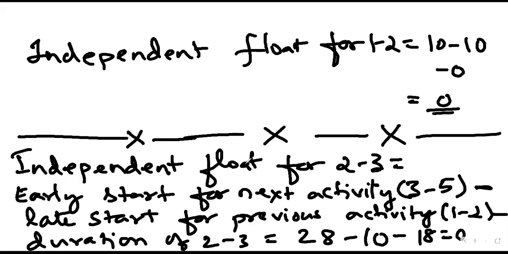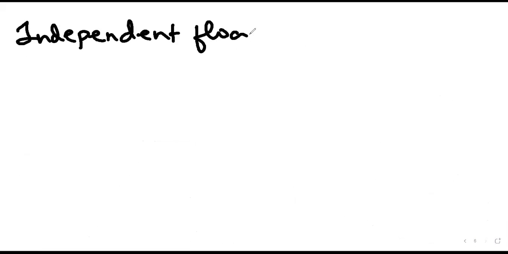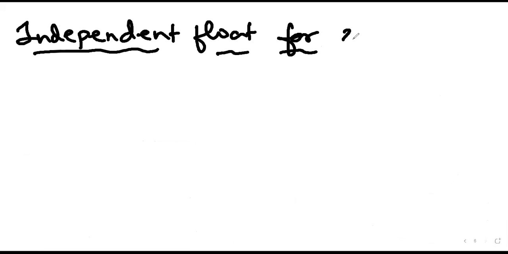Similarly, we have to go for the next activity and solve for the independent float. If anyone wants me to go back to the previous screen, let me know. What is the next activity here? 2-4. What is the calculation here? 22 minus 10 minus 12.